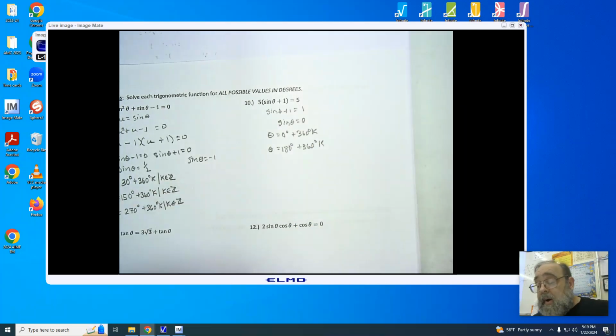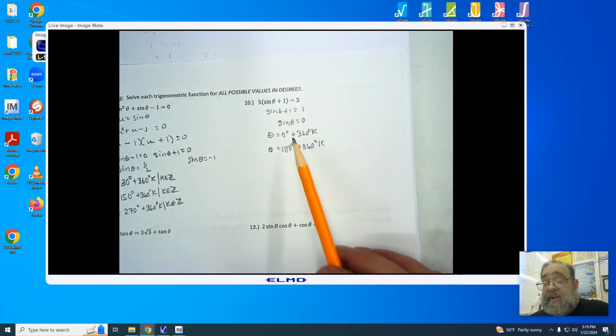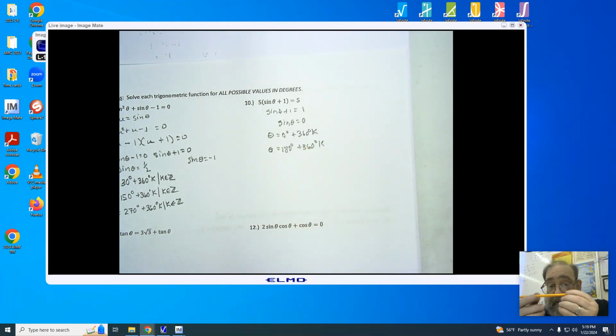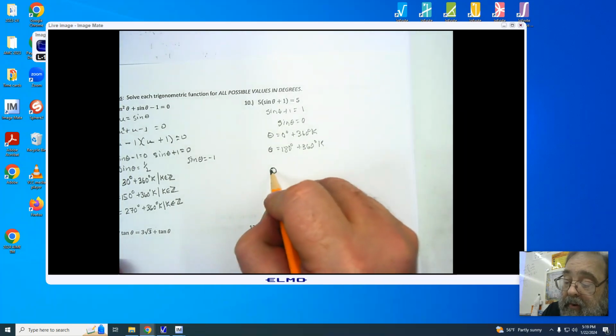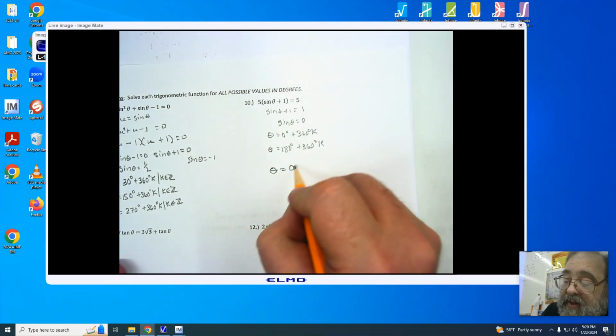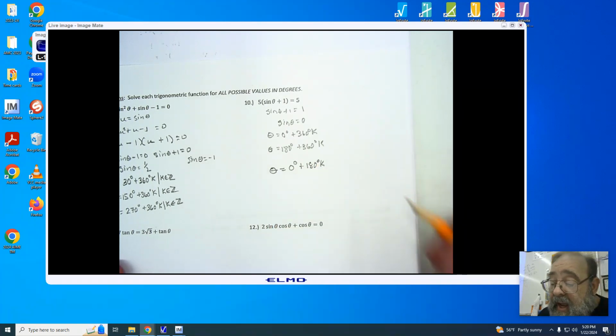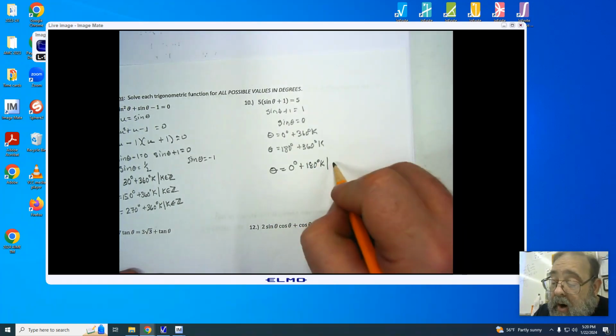Now, some people are going to realize that if I just keep adding 180, it's the same thing, and all I'm doing is going back and forth. So if here's my axis, I'm going from this side to this side, then back, and back and back and back. So I can write a unified formula, which would be 0 degrees plus 180 degrees times k, very similar to our tangent.